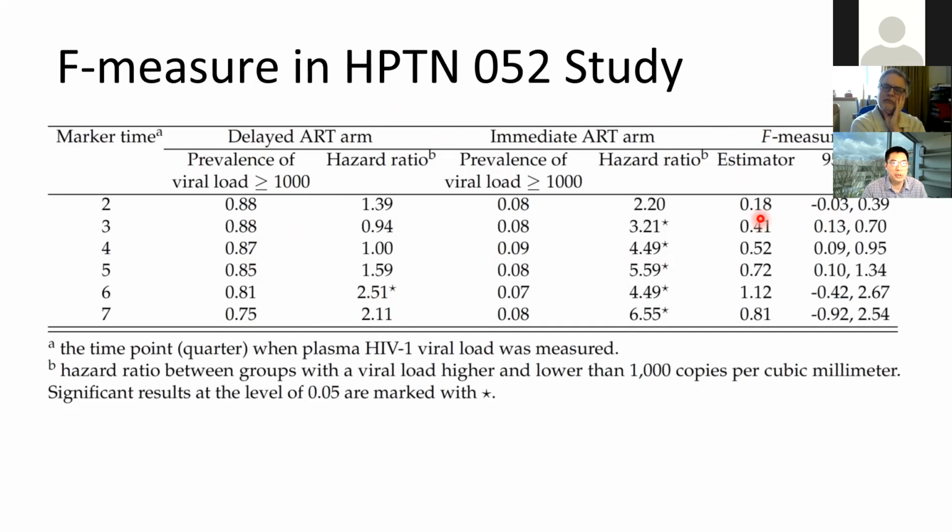So for year 2, it's 0.18, year 3, 0.41, year 4 is 0.52, year 5 is 0.72, year 6, 1.12, and year 7 is 0.812.